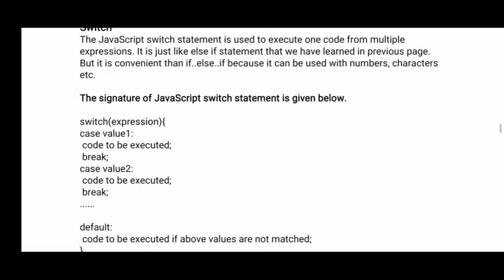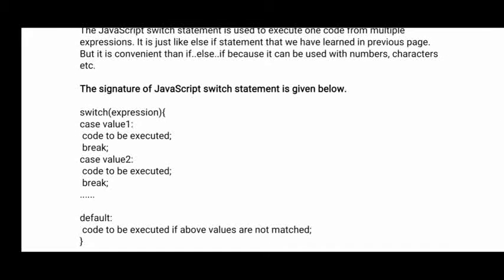Okay, once you see the switch statement syntax, in the switch statement we'll give a switch, and the expression is a relation expression. Whatever result you are getting from that is compared with the case values, like value 1, value 2, and so on. You can write any number of values.